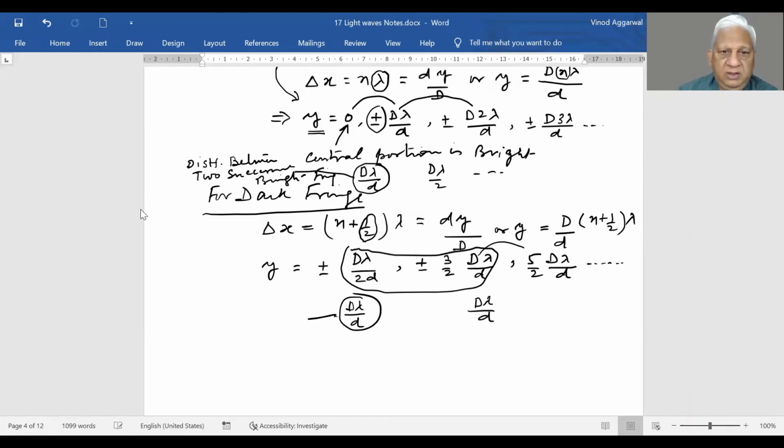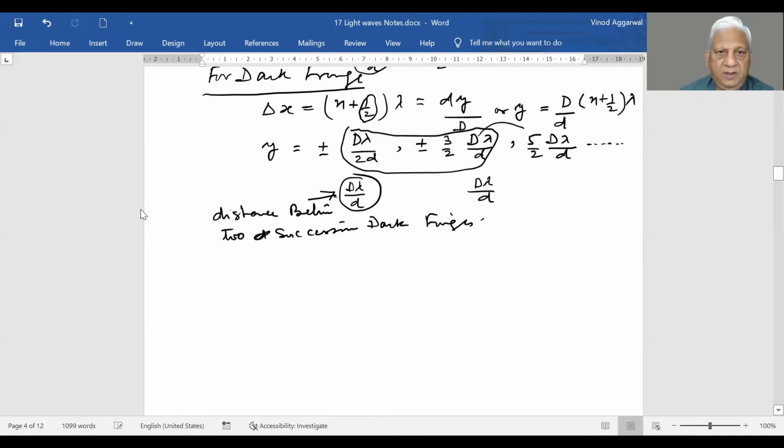And similarly, this is the distance between two successive dark fringe.